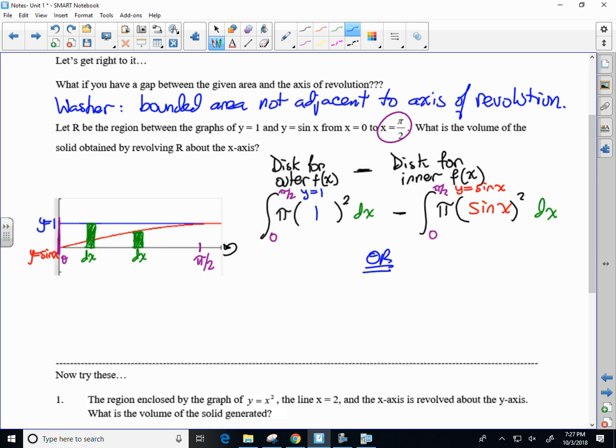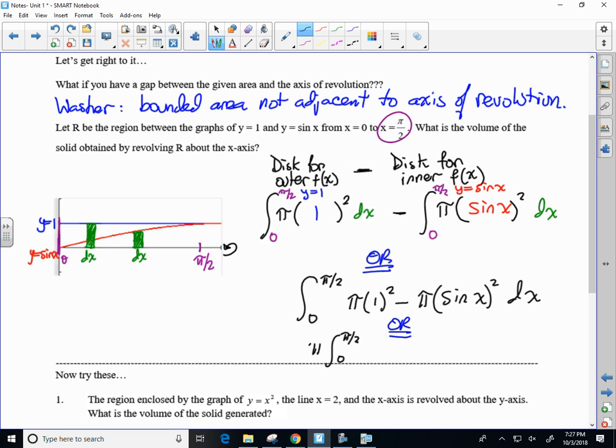Another way of writing this, because the bounds of integration are the same, I can write it as one integral, pi times 1 squared minus pi times sine of x squared dx. Also, because there's a common pi, I could write it going from 0 to pi over 2 with a pi in front, 1 squared minus sine squared.